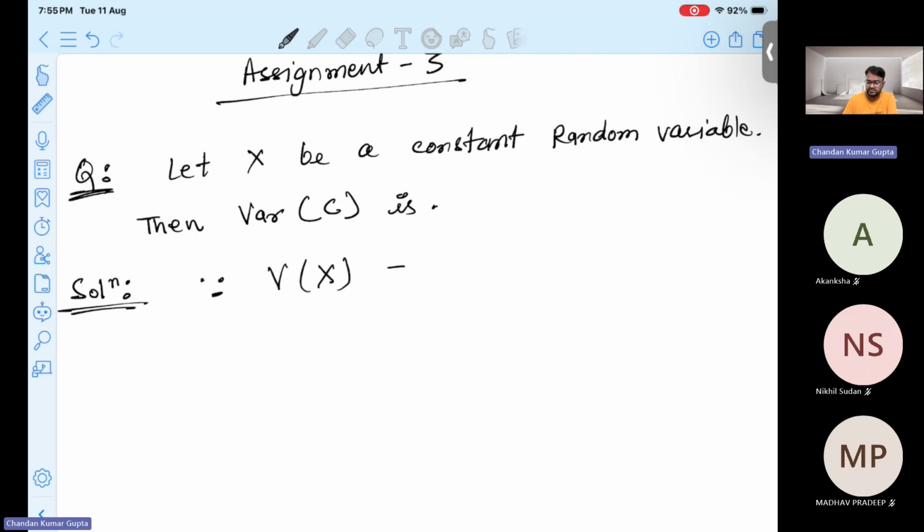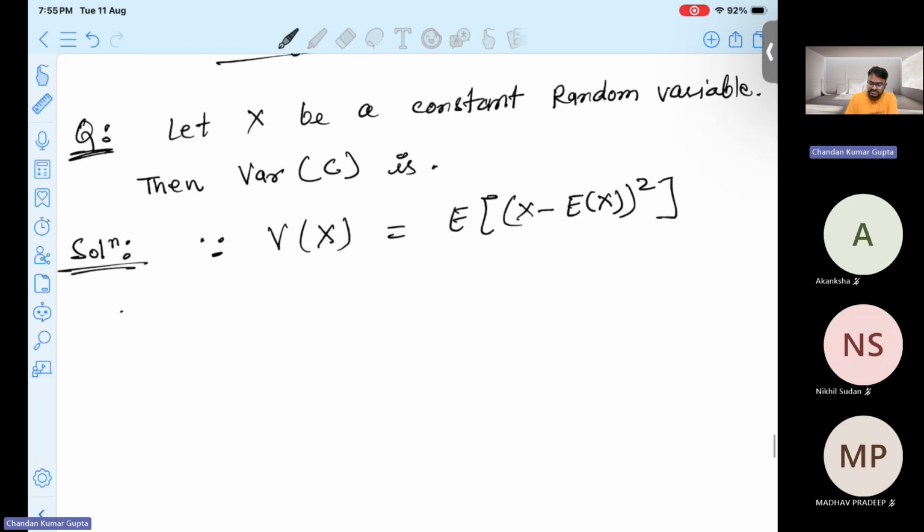The variance of a random variable is the expected value of X minus the expectation of X, whole square. Since c is a constant, the expected value of c comes out to be c.